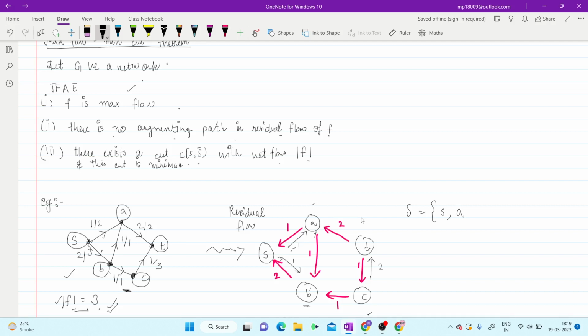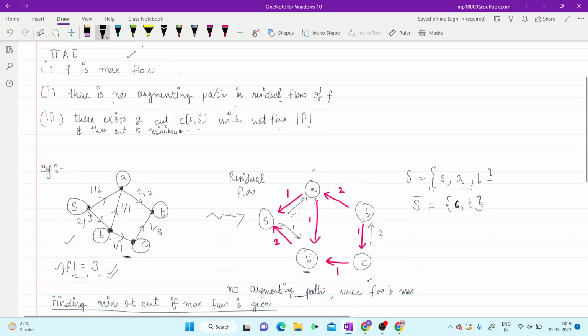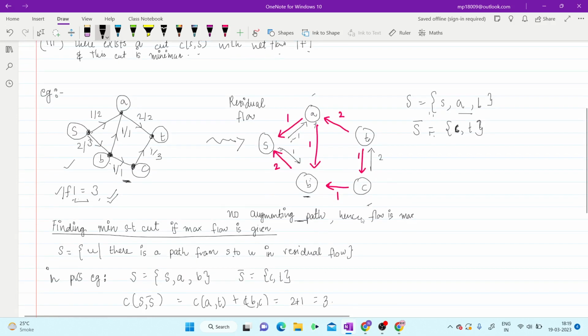Is there a path from S to B? Yes. Is there a path from S to C? No. And is there a path from S to T? No. So we are saying that if we consider this as our S, then this will give us the minimum cut. So is this happening?